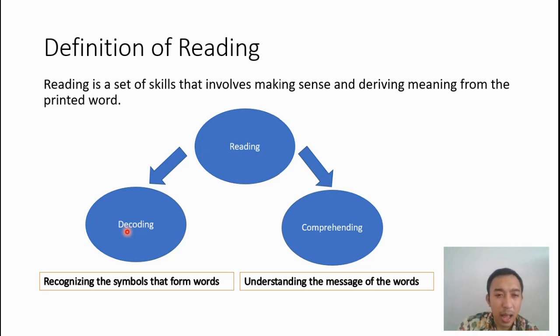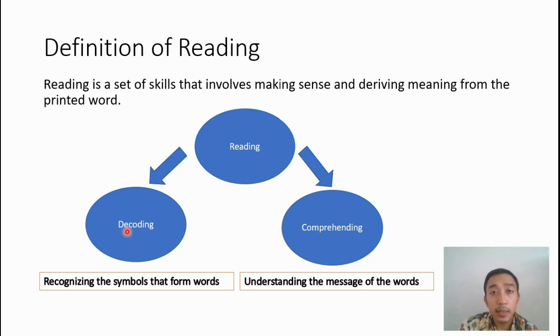Decode means sounding out the letters or the words. We have to recognize the symbols that form words. This is what we call decoding. An easy example: in English, sometimes the letters are not the same as the sounds.